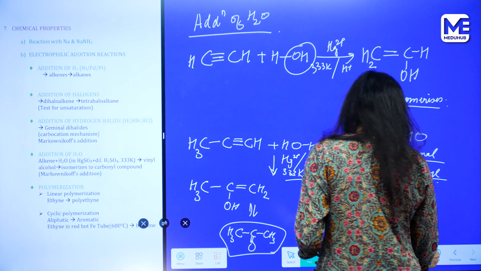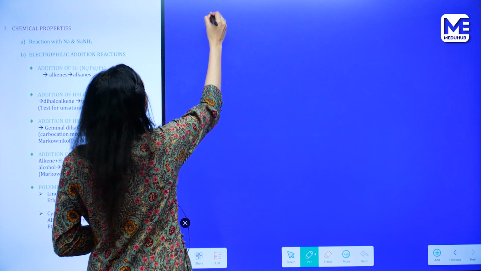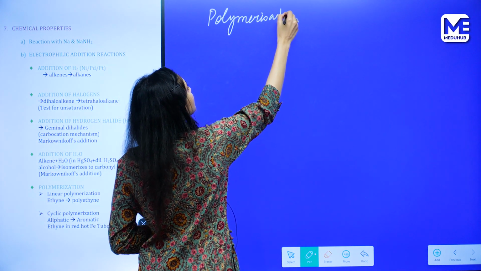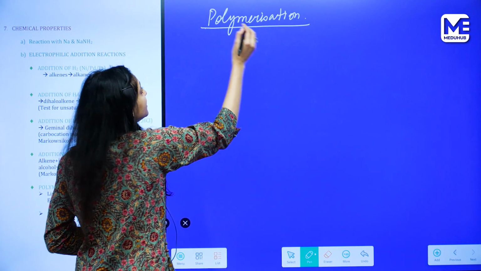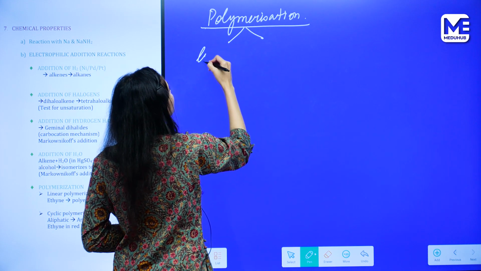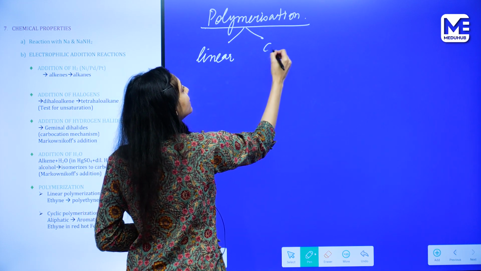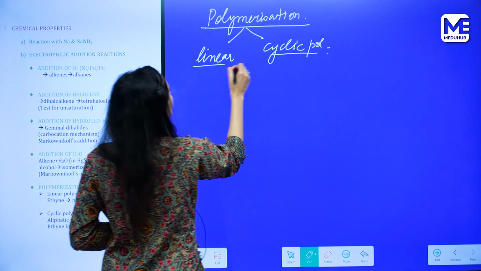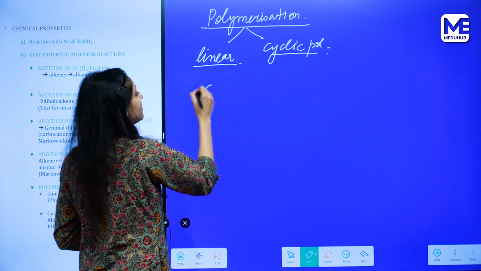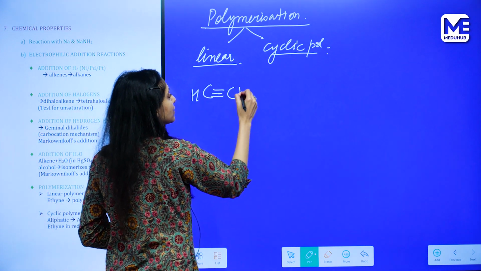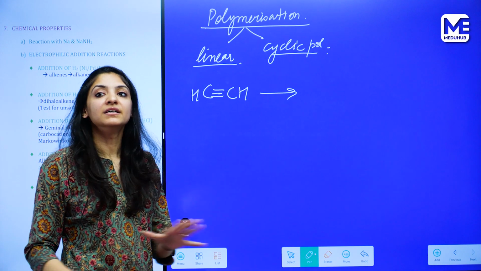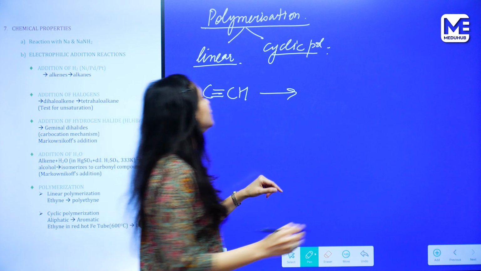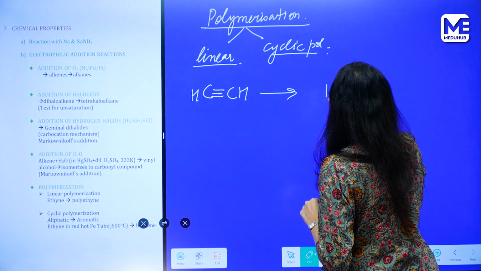The last reaction is the polymerization reaction. This addition reaction can be either a linear polymerization or a cyclic polymerization. In linear polymerization, if we have ethyne, it will polymerize under required conditions of temperature and pressure and suitable catalyst if required to form these units.